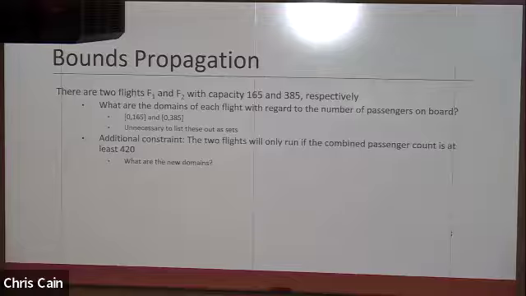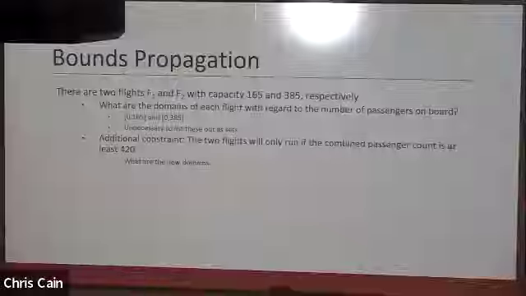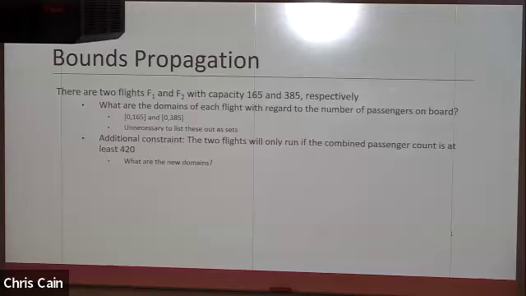So what are the domains of anything that's outside of this domain? Automatically, there's no solution to the problem. But inside of the domain, there exists a level of fullness in the other plane such that we would fly them both. If you pick a maximum for one domain, the minimum of the other domain would have to be enough to satisfy the requirement. You do that both ways. Yep, that's exactly right.